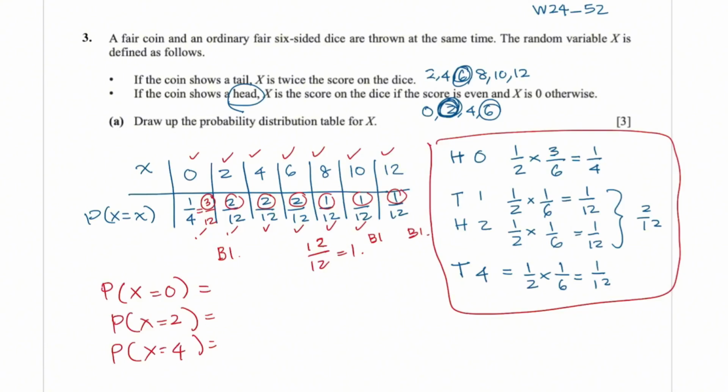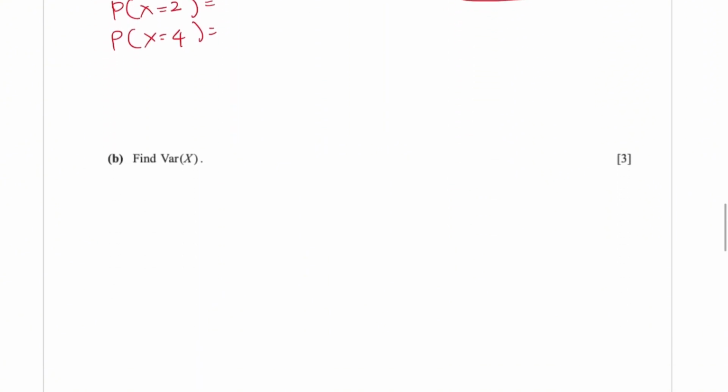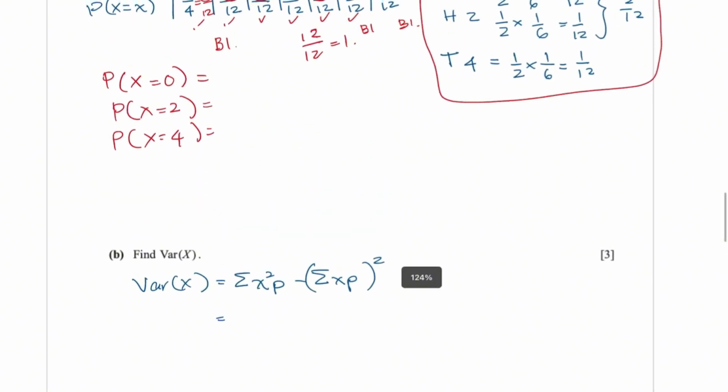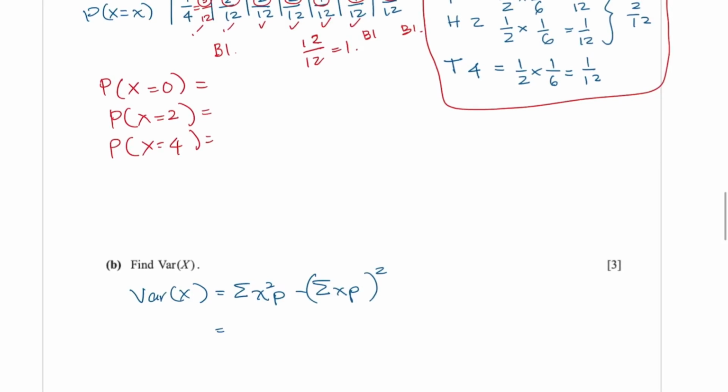Okay? Moving forward, this question number 3 is also a famous question I told you. It's asking you to find the variance of x. Remember what is the formula to find variance of x? Variance of x is just the summation of x squared times p, subtracted by the square of the summation of x times p. So each of the x you have to square and then multiply with p.